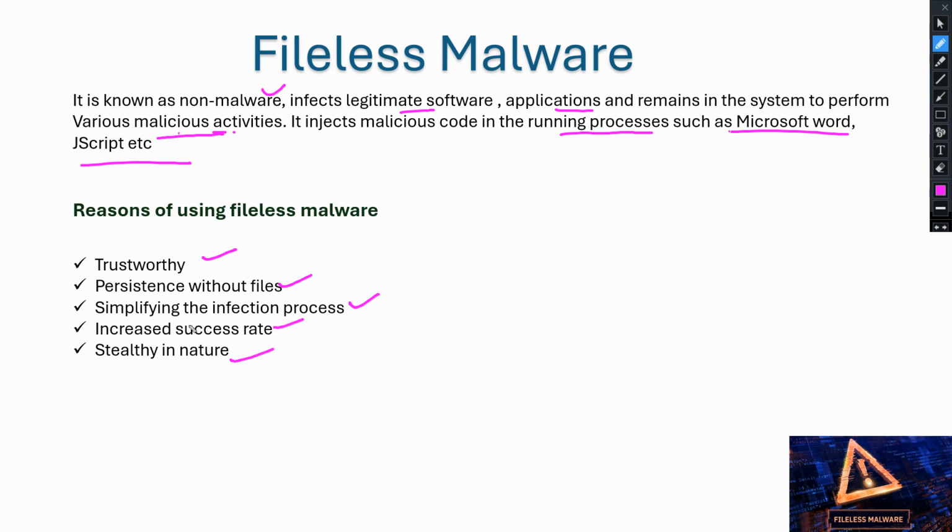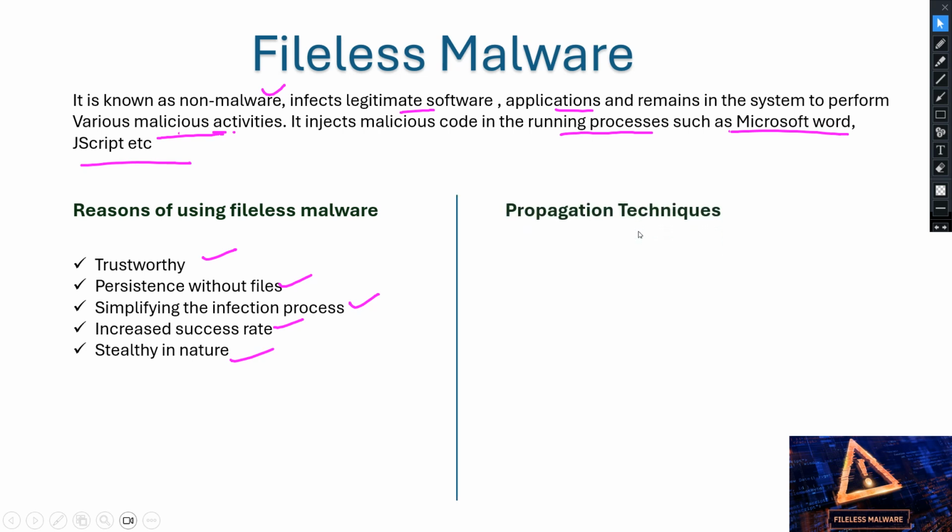So these are all the reasons for using fileless malware, because with file-based malware obviously you need a file and someone who can install that in the systems, but here there is no file for the fileless malware.